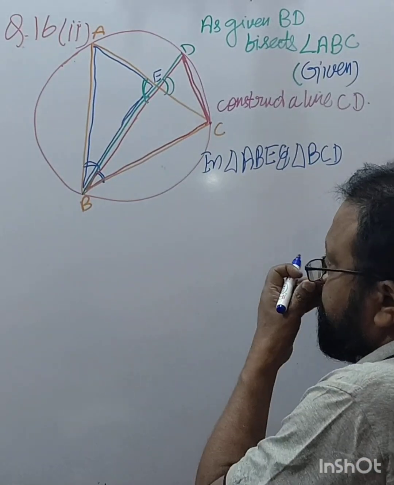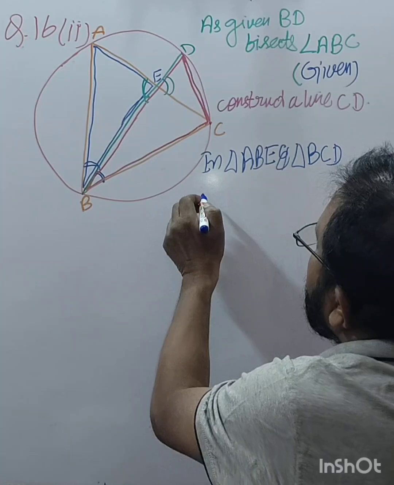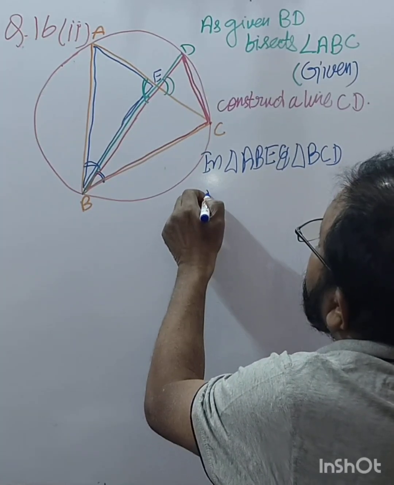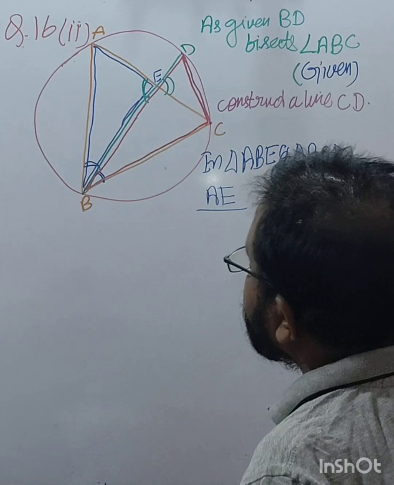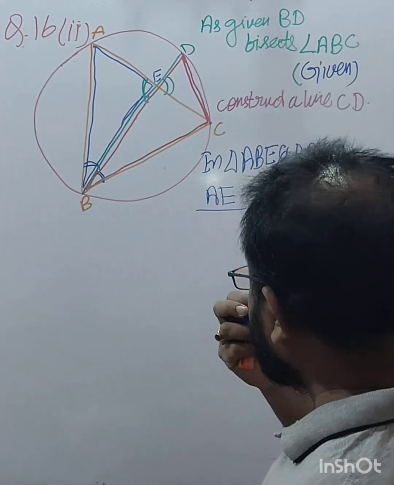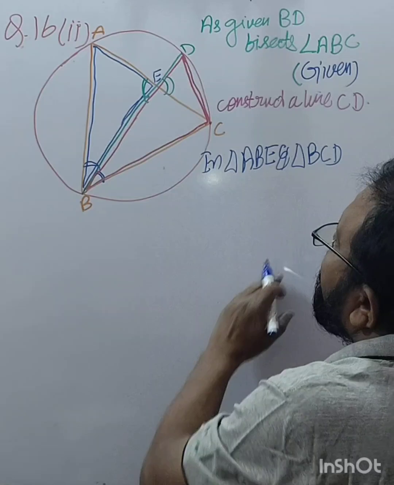Then what happens? Angle opposite to equal sides are AE, sorry.